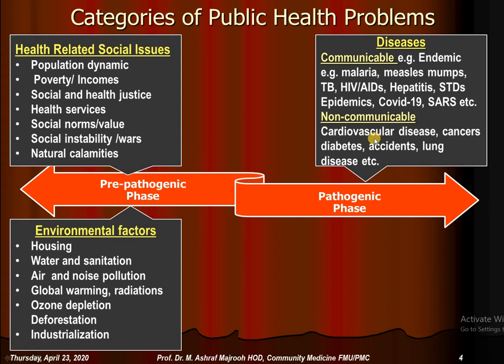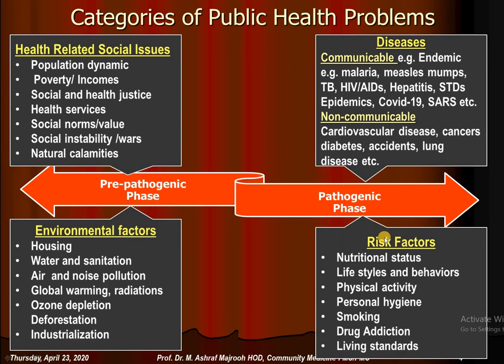The non-communicable diseases, cardiovascular diseases, cancers, diabetes mellitus, accidents, chronic lung diseases, are all collectively now known as the slow modern epidemics. So these distinct groups are very important, and they usually express as a pathological phenomenon, and they fall in the pathological phase. Then certain risk factors also occur in the pathological phase.